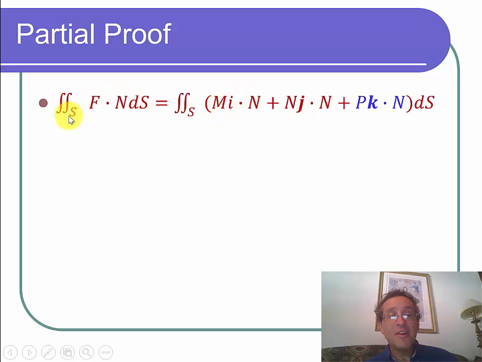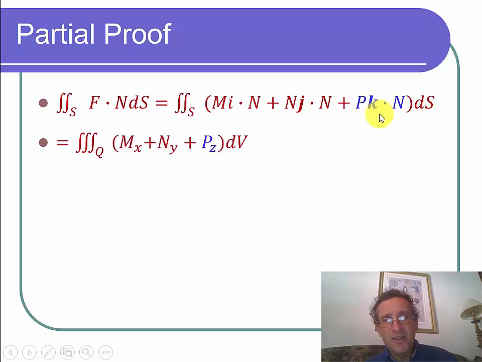So we could say that the surface integral of f dot n dS is equal to the surface integral over S of Mi dot n plus Nj dot n plus Pk dot n dS. And I will focus just on this third term, Pk dot n. The other terms are similar, it's just more work.